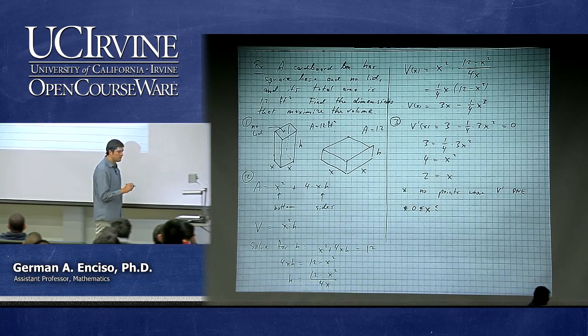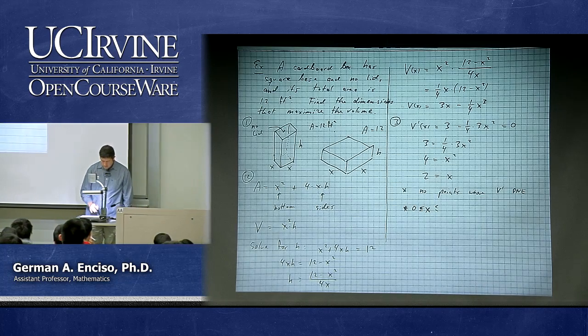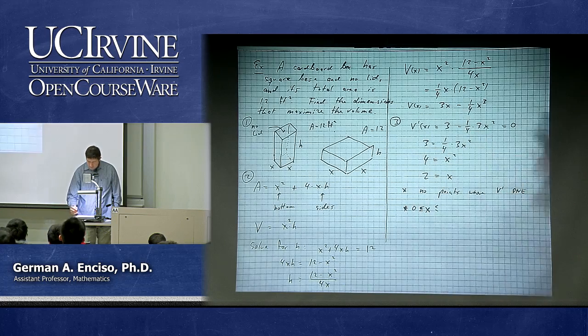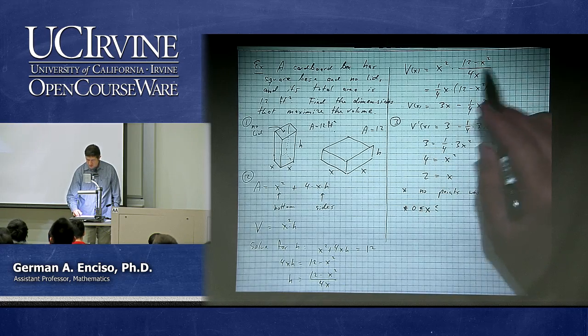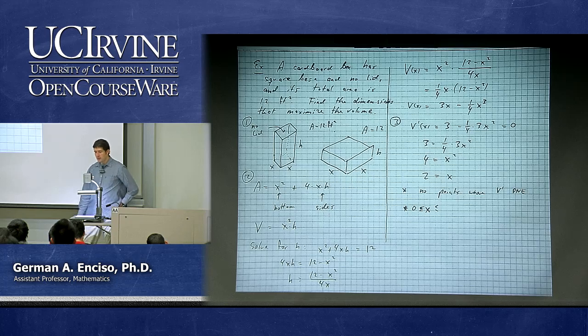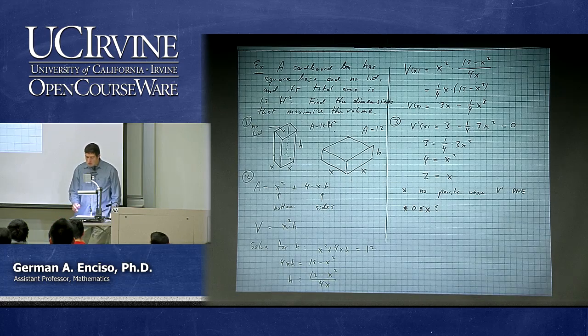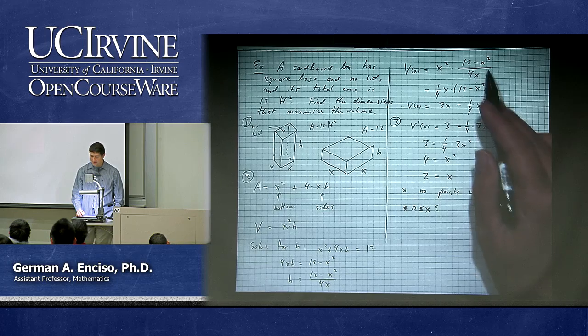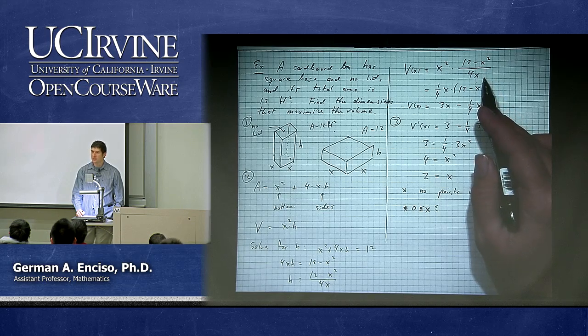Let's think about it. h is equal to 12 minus x squared divided by 4x. So h has to be a positive number. There's actually an x that's so large that h becomes 0.